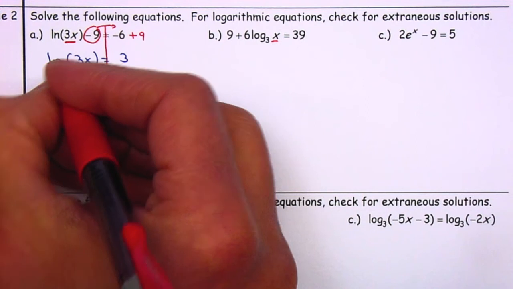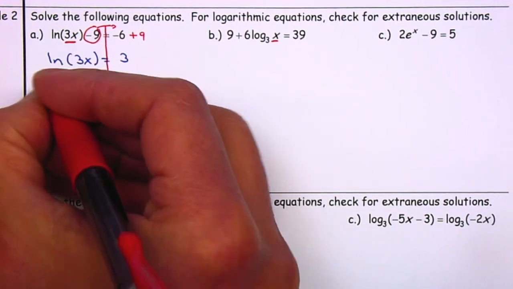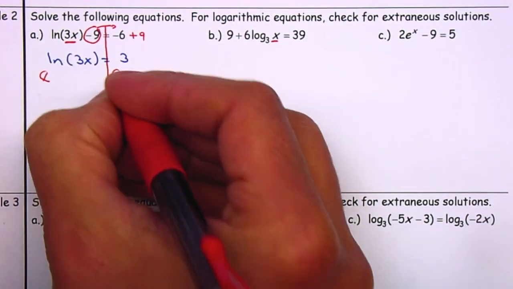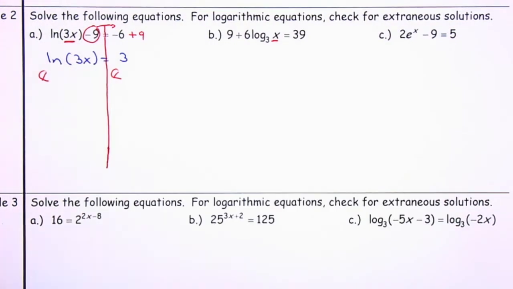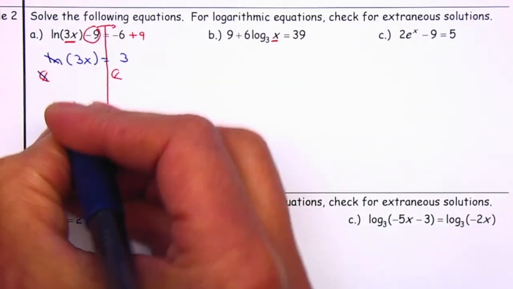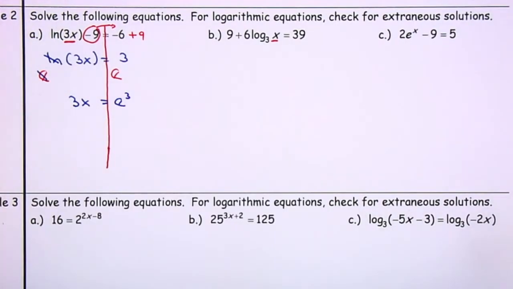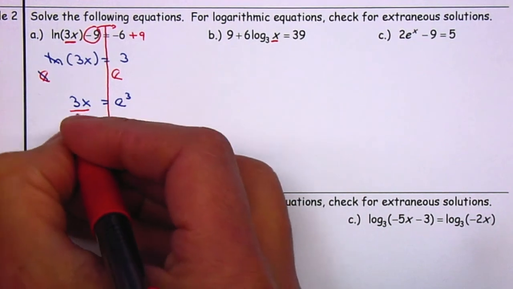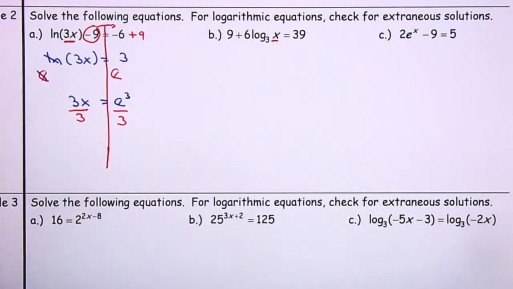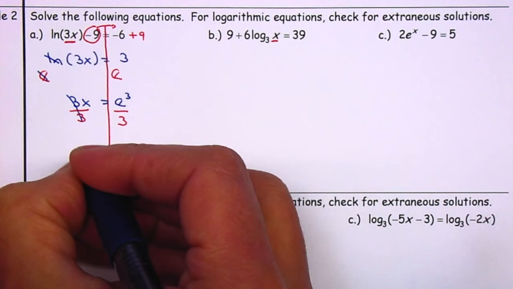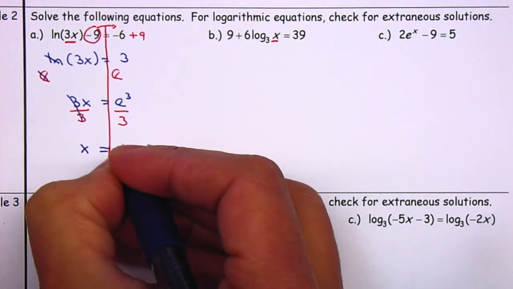The base for this is e, so therefore I'm going to exponentiate it to e on both sides. That will cancel. We have 3x is equal to e to the third power. I want to get rid of the 3, it's multiplying, I'm going to divide by 3 on both sides. My answer is x is equal to e to the third power divided by 3.